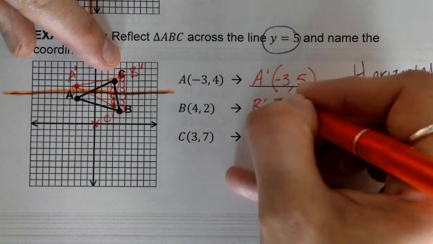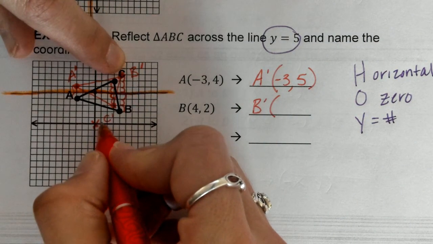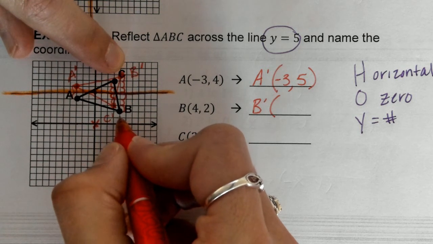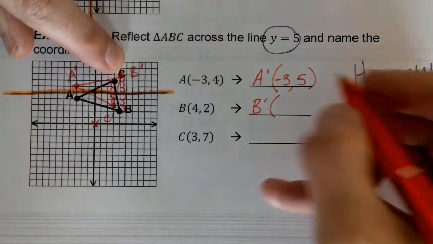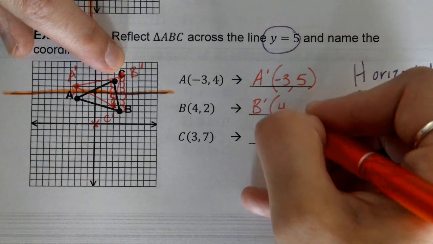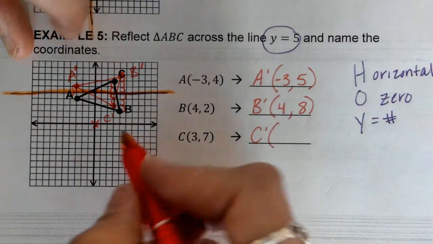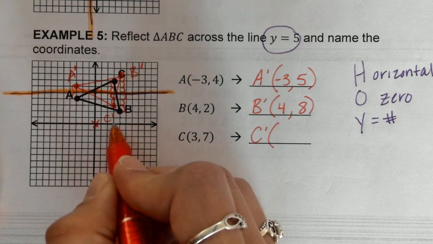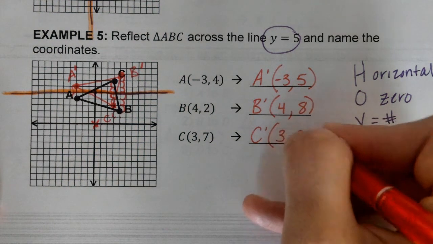B prime, all the way up here, positive 4, positive 8. C prime, last one, right here. Back to the origin, 1, 2, 3, 1, 2, 3. So we're at positive 3, positive 3.